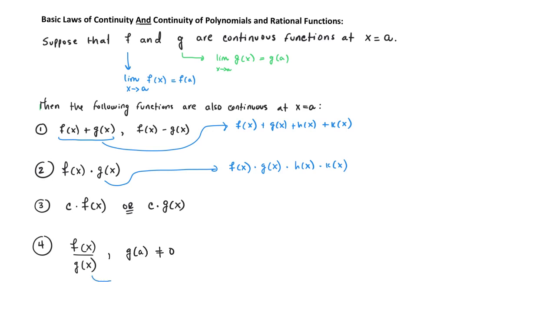Because whenever we talk about continuity, we're going to take the limit as x approaches a of f of x over g of x. And we want to make sure that at a, if we want to end up with f of a over g of a, this is the condition for continuity, we want to make sure that g of a, since it appears in the denominator, is non-zero. Otherwise, division is going to be undefined.